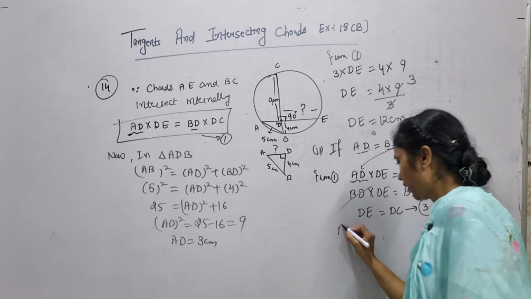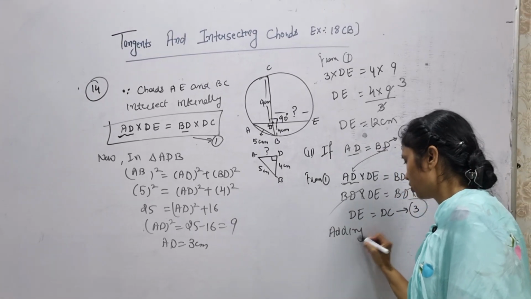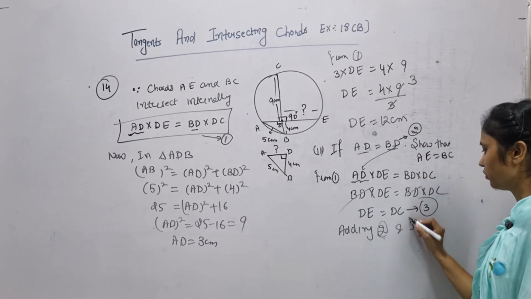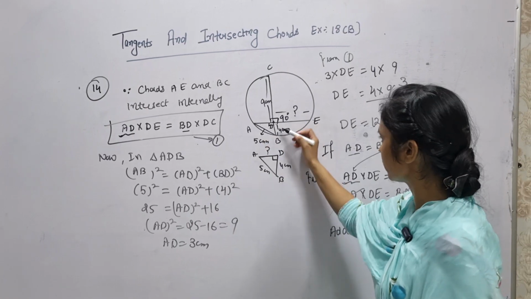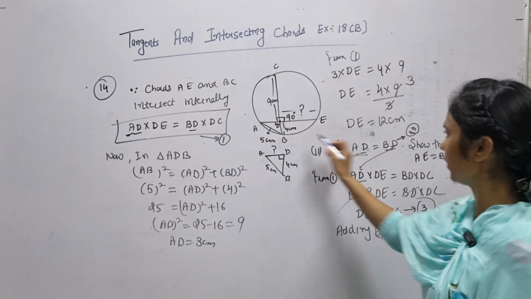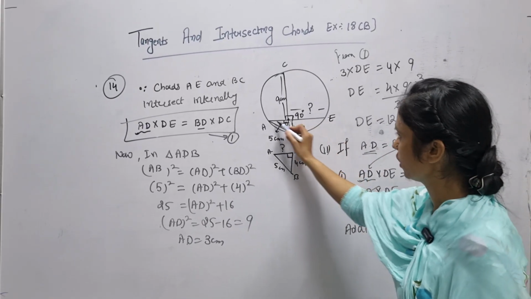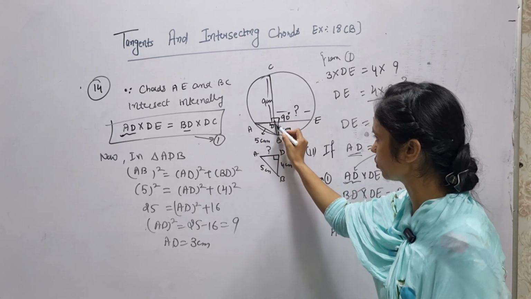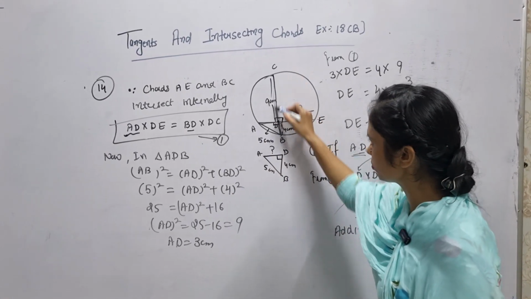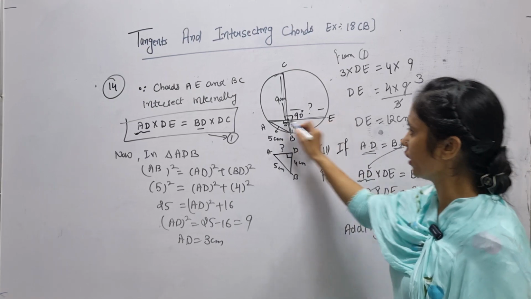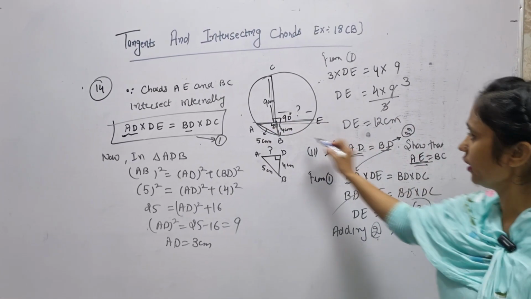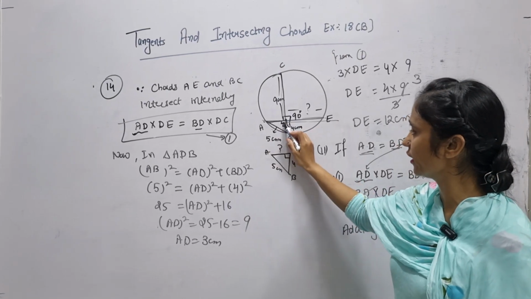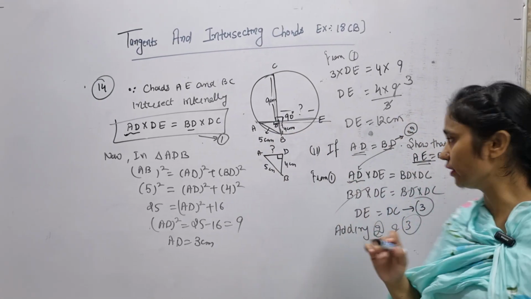Adding equation number 2 and 3. Why are we going to add them? See, it is given AD is equal to BD. Means this length they have given equal to this one. Then we have proved that this length is equal to this one. So I need a relation for AE. AE consists of AD plus DE.